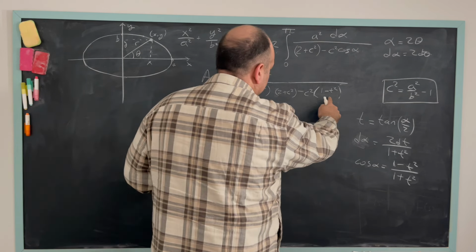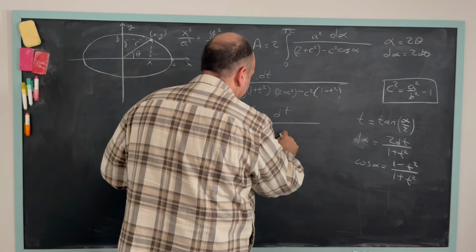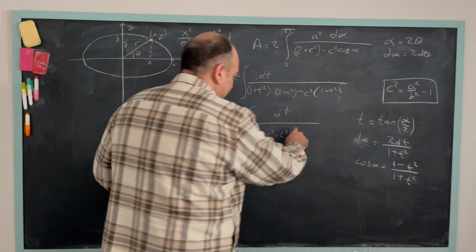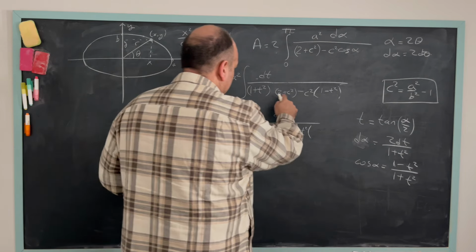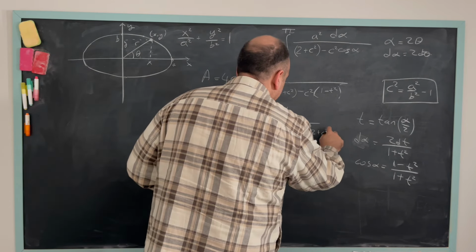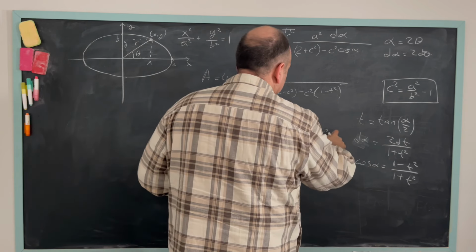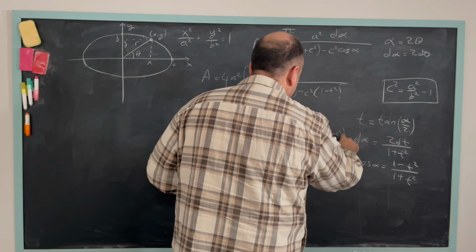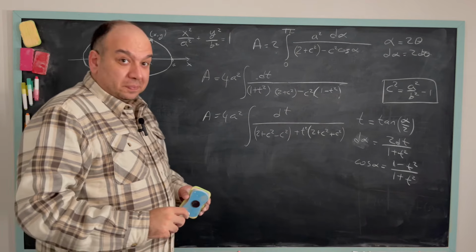The other constant here is minus c squared, right? Minus c squared. This is good. Plus, let's look at the t squared terms. I have 2 plus c squared here. And the t squared term here is plus c squared. Okay? Very good.